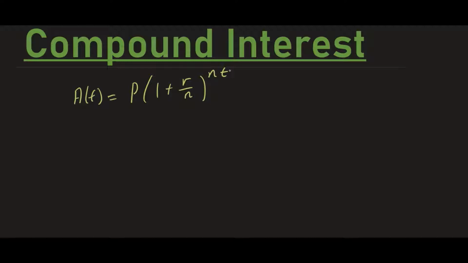There's another type of compound interest, so maybe in the future we will talk about this one, where you have A of t is equal to P times e to the rt. Now this formula, we use it when we talk about interest that is compounded continuously. So this would be considered continuous compounded interest.